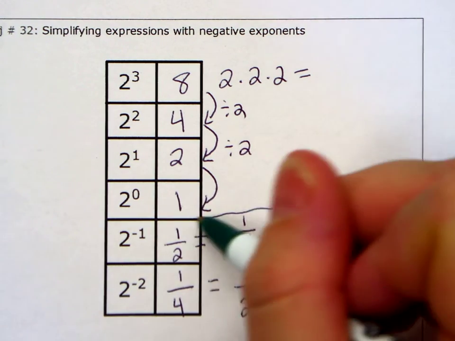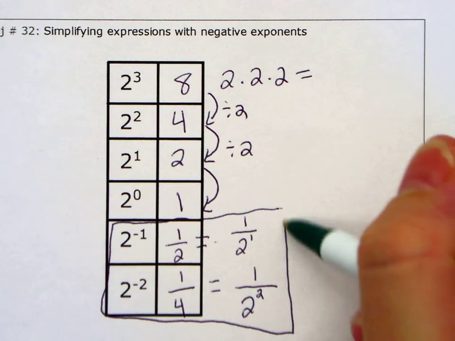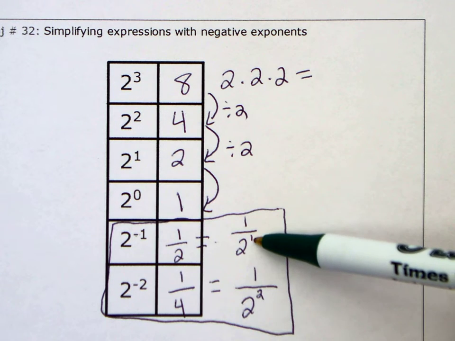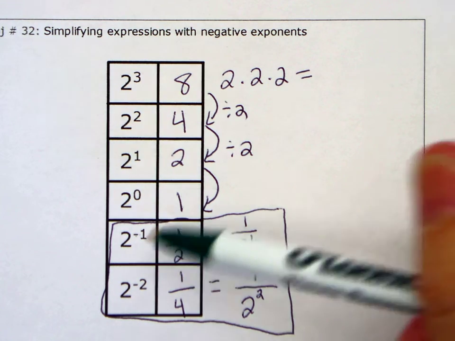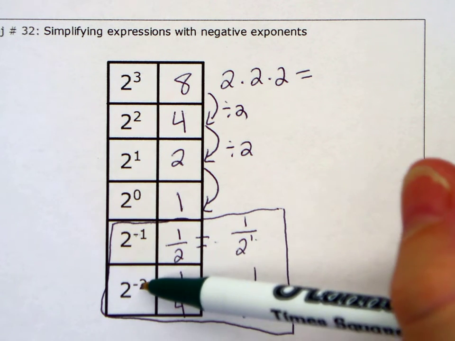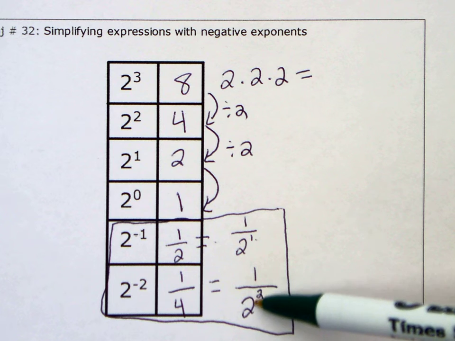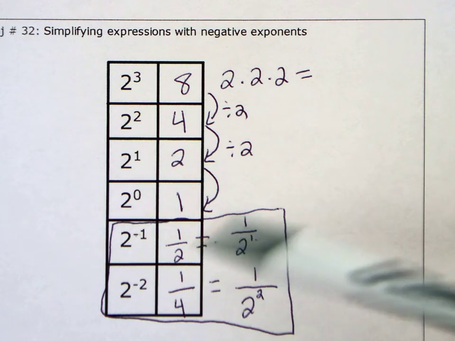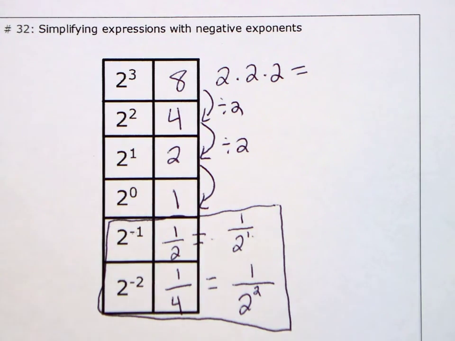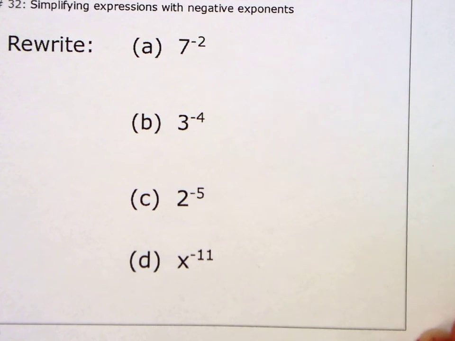So notice this. A negative exponent, really what it's doing is moving something into the denominator. 2 to the negative 1 is 1 over 2 to the first. 2 to the negative 2 is 1 over 2 squared. So a negative exponent actually means it's a fraction. Okay? All right, so let's use that to rewrite.